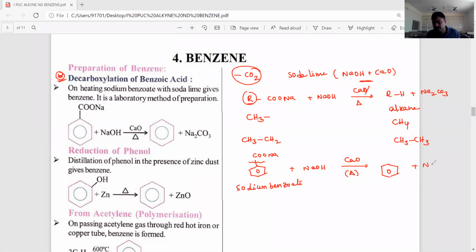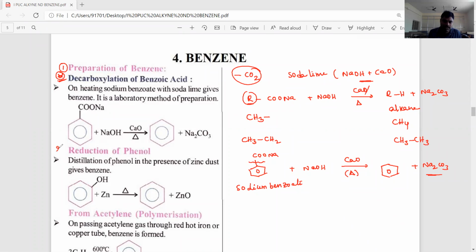The byproduct is Na2CO3. This is known as decarboxylation of benzoic acid or its sodium salts. Sodium or potassium salts of benzoic acid treated with soda lime give benzene. This is the first important method.